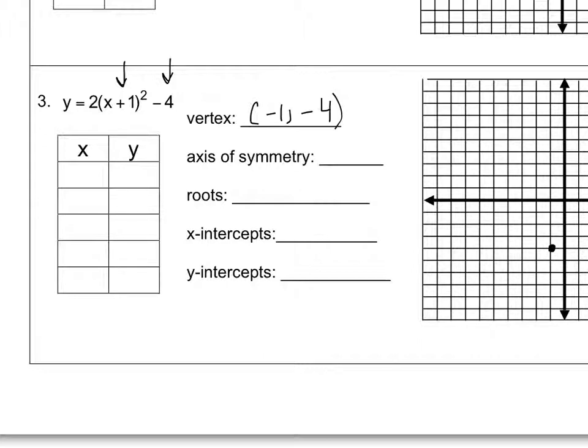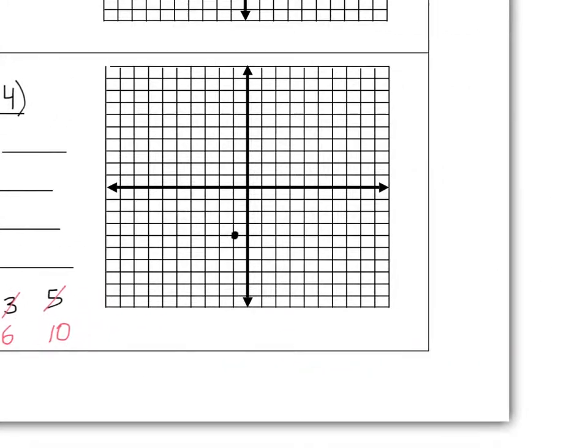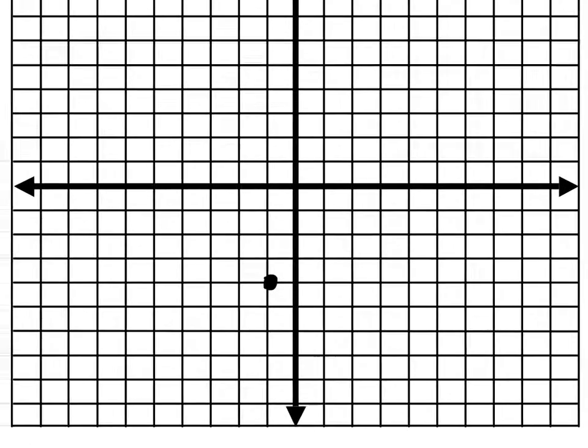Now since my a is 2, and it's positive, it's going to be opening upward with the vertex a minimum. And since a is 2, remember the pattern before was 1, 3, 5 when a is 1. So when a is 2, you multiply them by 2, so it becomes 2, 6, 10. So from the vertex, you go up 2 over 1 always, and you can reflect it.